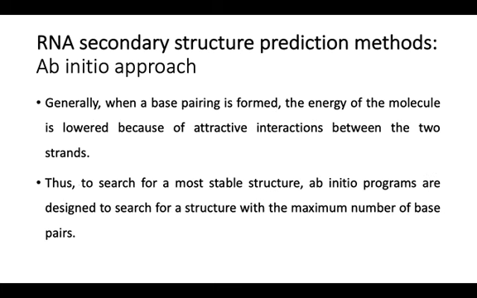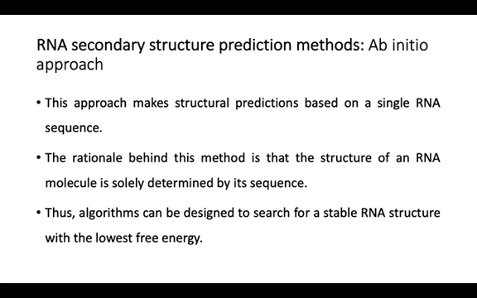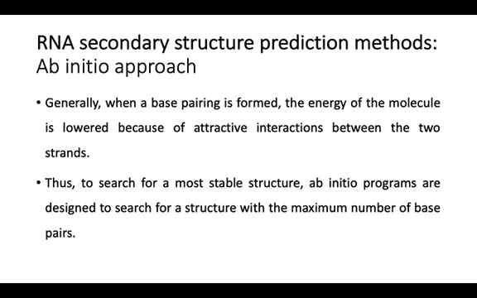Generally, when a base pairing is formed, the energy of the molecule is lowered because of the attractive interaction between the two strands. So that is the reason why we go for more base pairing and lower free energy, because the more interactions or base pairings in the molecule, the lower the overall energy of the molecule.